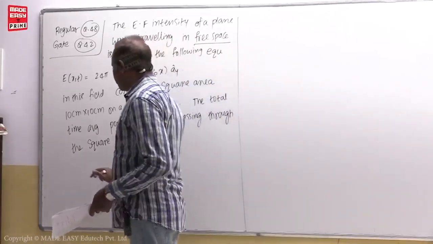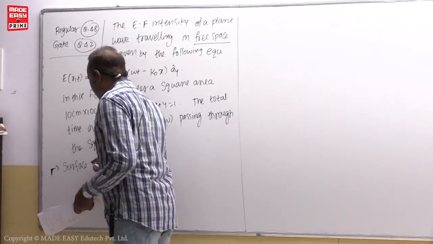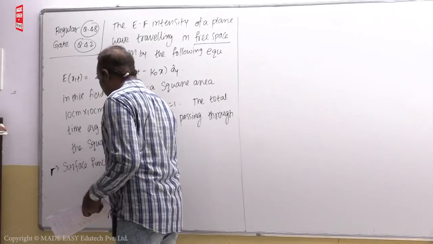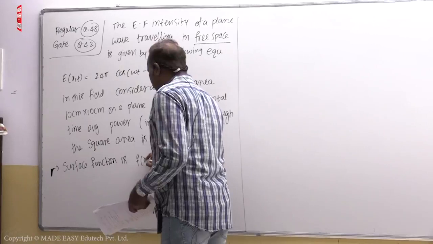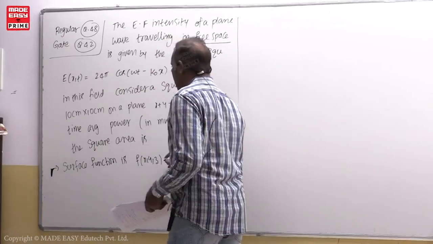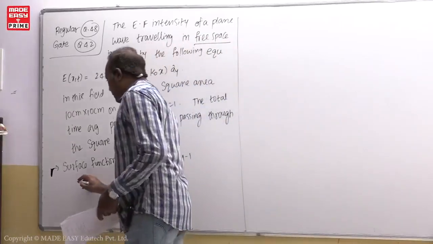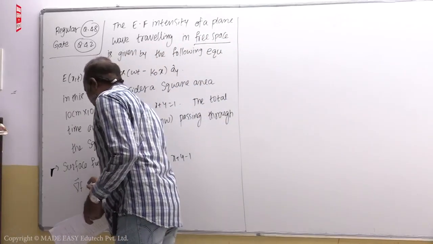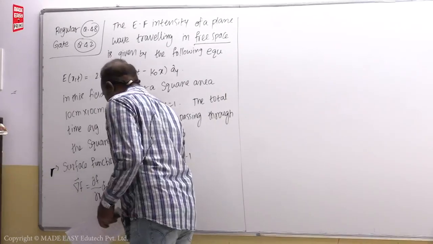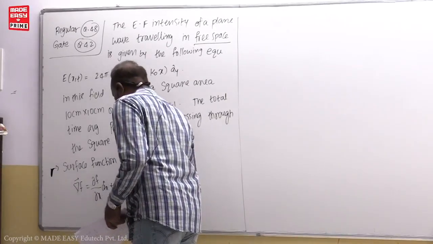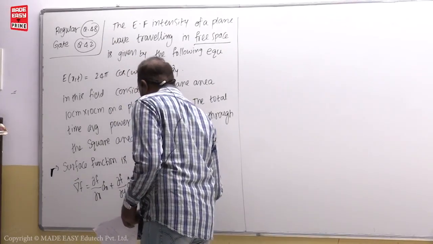So first, the surface function is f of x, y, z equal to x plus y minus 1. Now grad f is dou f by dou x ax plus dou f by dou y ay plus dou f by dou z az.